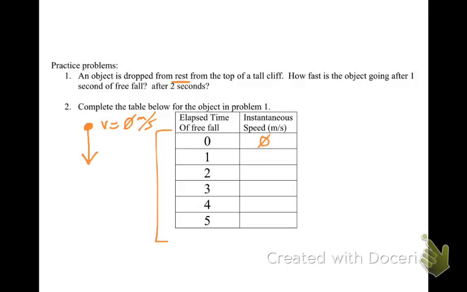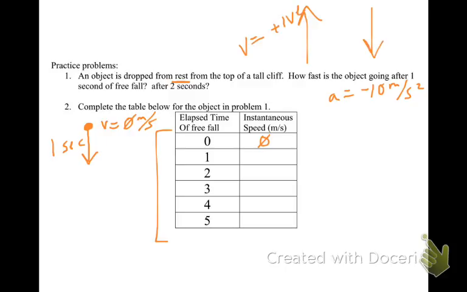After 1 second of free fall, let's just do easy numbers, rounding. So let's call our acceleration due to gravity negative 10 meters per second squared. Because again, when you move up, conventionally speaking, that's our velocity being in the positive direction.